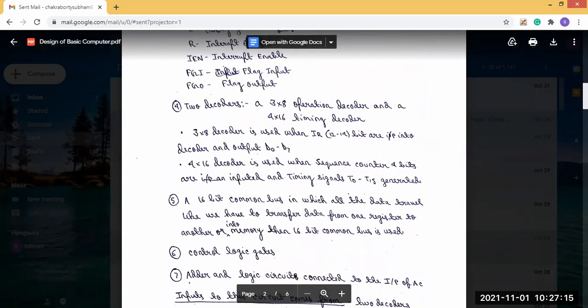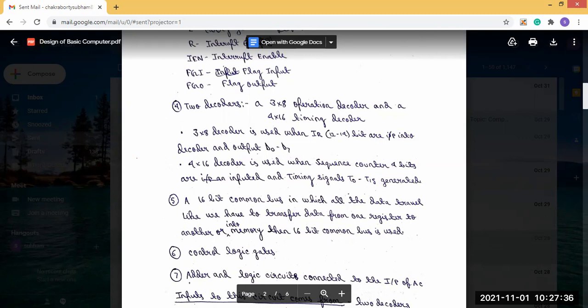Another main thing is the 16-bit common bus. The common bus is also necessary, because all the data travels through it, when we have to transfer from one register to another, or from one register to memory.